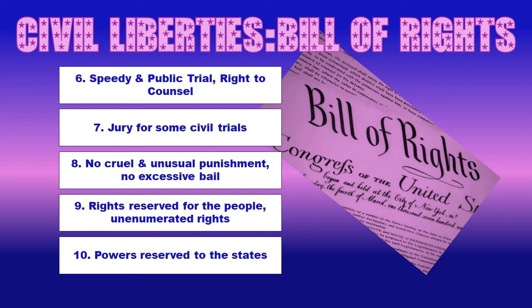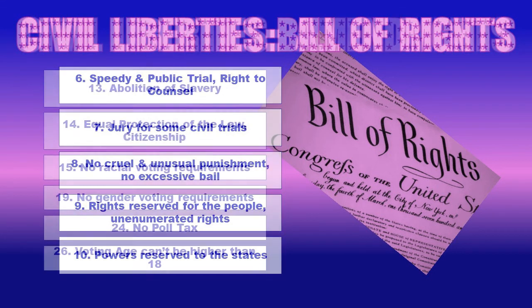So just because they are not written on this list does not mean that those are the only rights that you have that are protected from government interference. And 10th Amendment we talked about a lot back when we were doing federalism. If the Constitution doesn't give that power to the national government, those powers are reserved for the state governments. So there you go. That's our Bill of Rights. All of these are limits on the government's power.